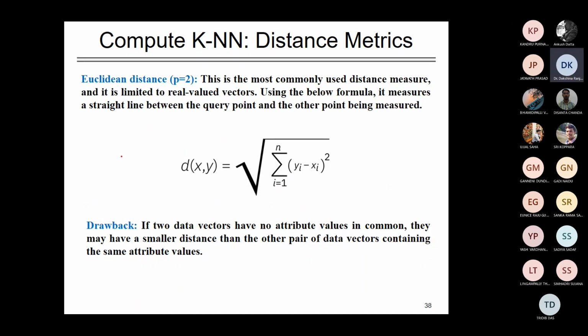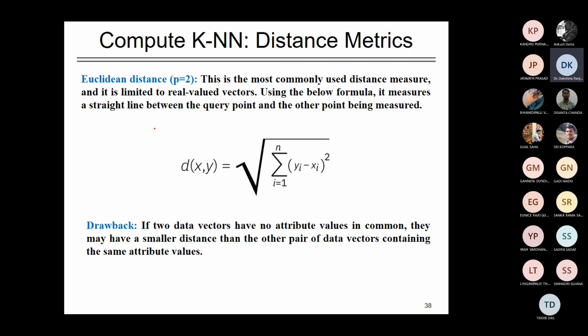Now, when we apply the Euclidean distance, it is the most commonly used distance measure, and it is limited to real valued vectors. Using this Euclidean distance, we can measure the straight line between the query point and the other points that have been considered.